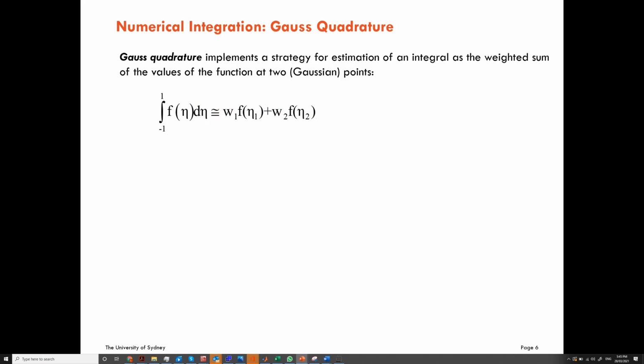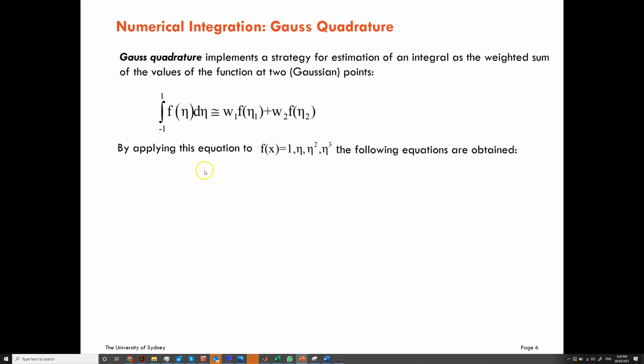So the Gaussian quadrature is the numerical integration using only 2 points in these functions. This is in 1D. So how do we obtain these points, that are called the Gauss points? And how do I obtain the weights?